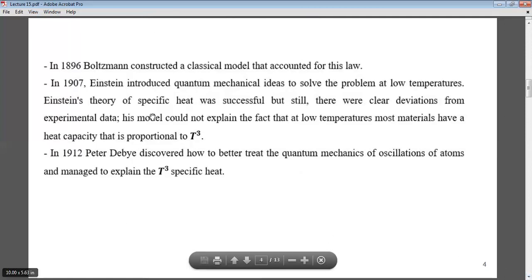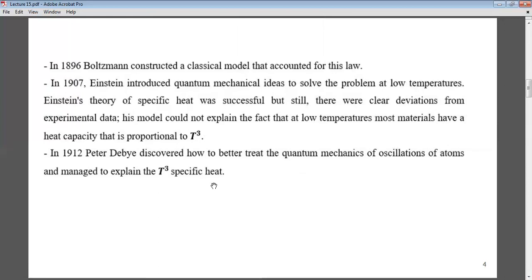Now let's just give a brief introduction again of what we are going to discuss. In 1896, Boltzmann constructed a classical model that accounted for this law. In 1907, Einstein introduced quantum mechanical ideas to solve the problem at low temperatures, okay? So all that Boltzmann did was at high temperatures or room temperatures.